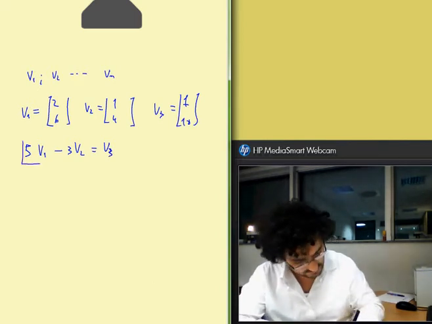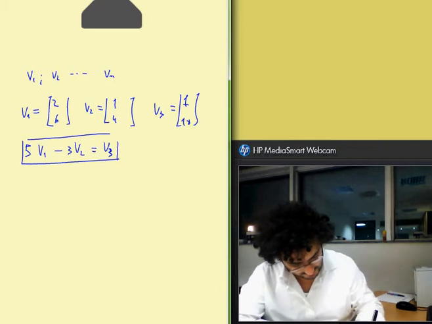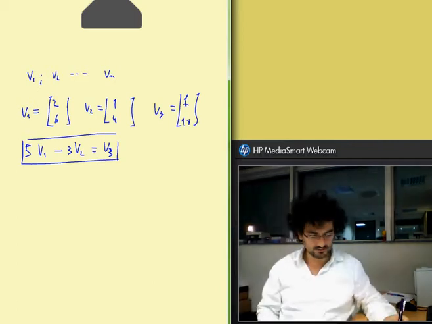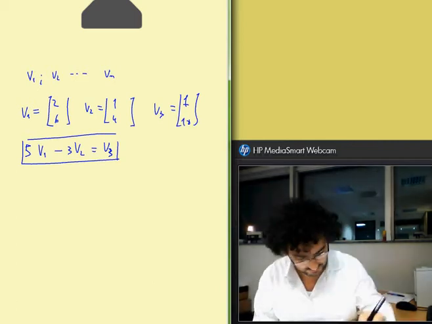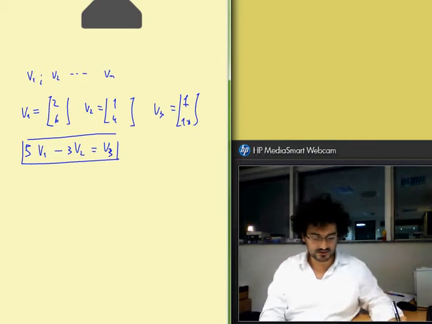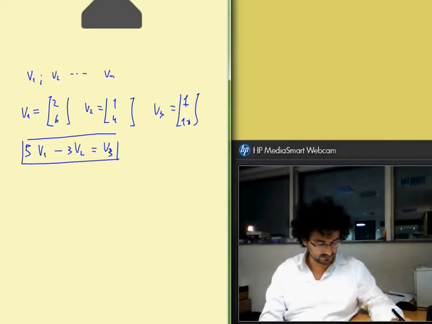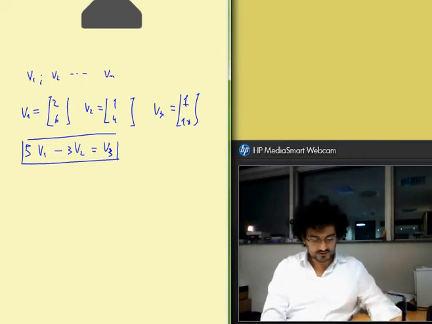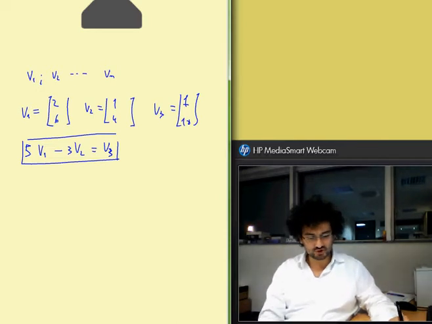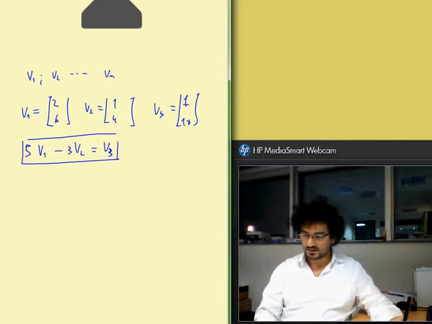It's very easy to see that, because in this case we get vector v3 considering the scalar 5, the scalar minus 3, and adding these two vectors. So these three vectors are linearly dependent because each one of these three vectors can be expressed as a linear combination of the other two vectors.